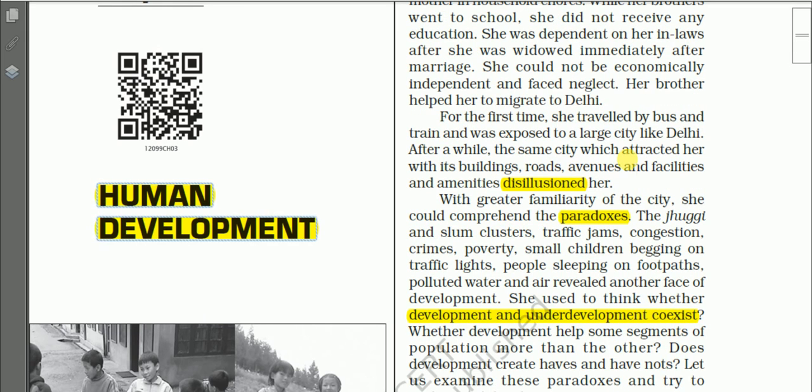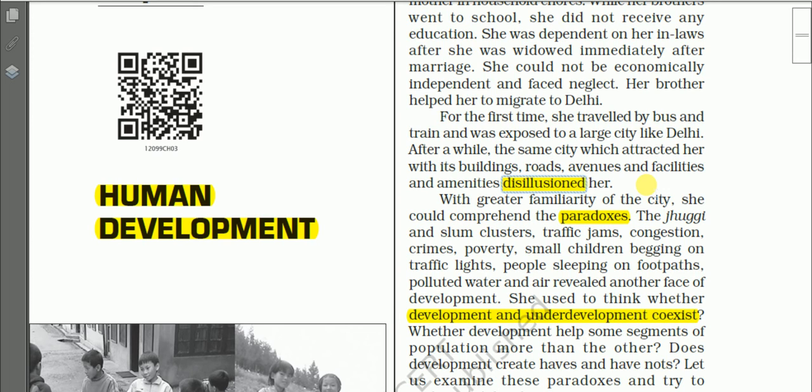For the first time she traveled by bus and train and was exposed to a large city like Delhi. After a while, the same city which attracted her with its buildings, roads, avenues, facilities and amenities disillusioned her.